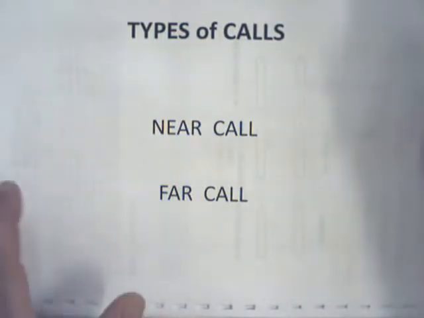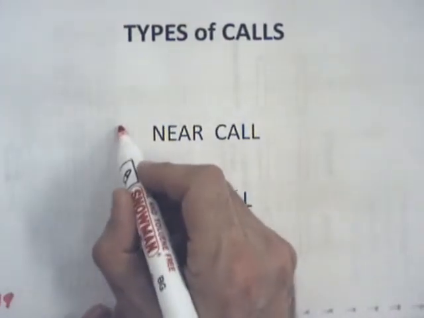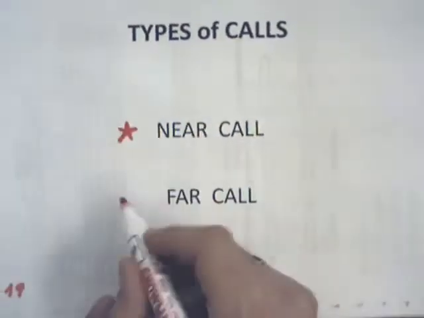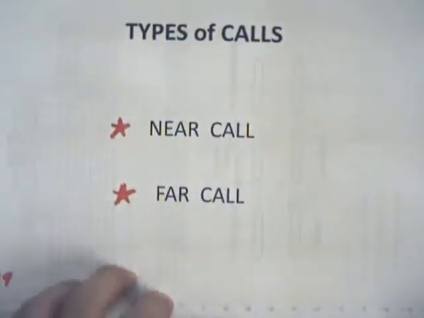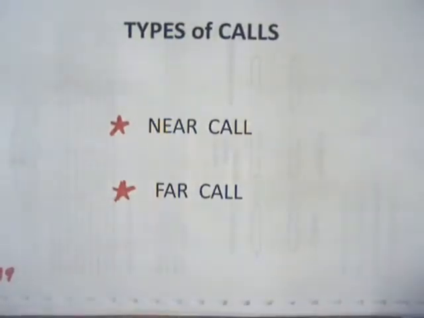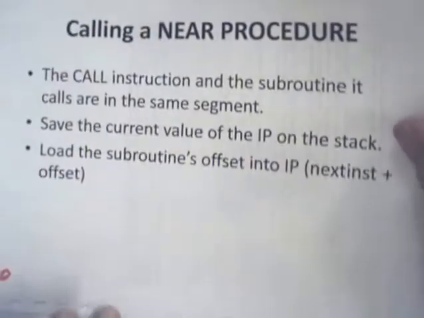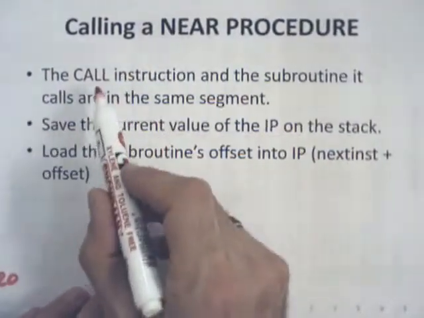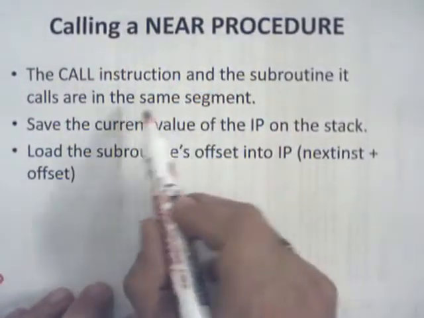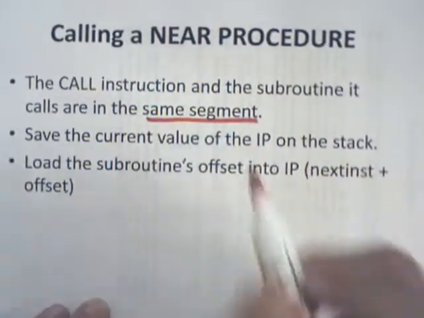There are mainly two types of subroutine calls. One is called a near call. The other one is called a far call. Near and far are related to the points in memory. In the near procedure, the call instruction and the subroutine it calls are in the same segment.